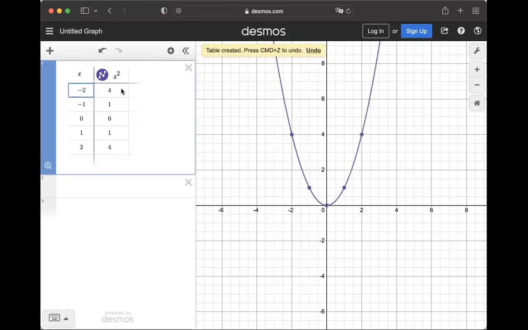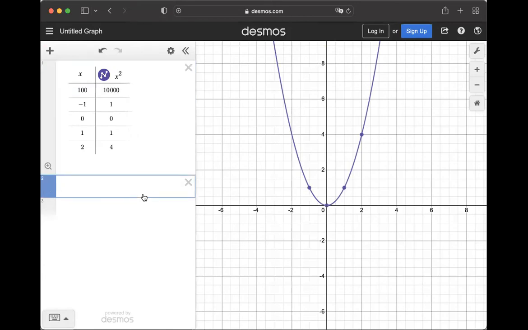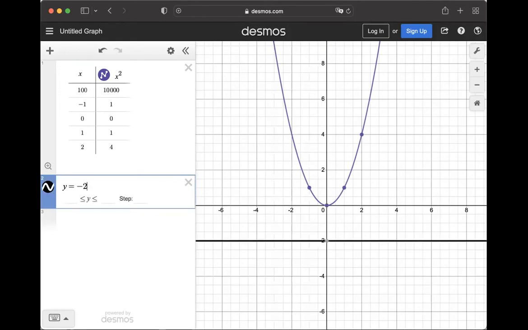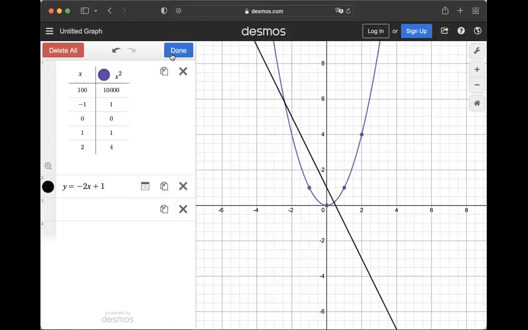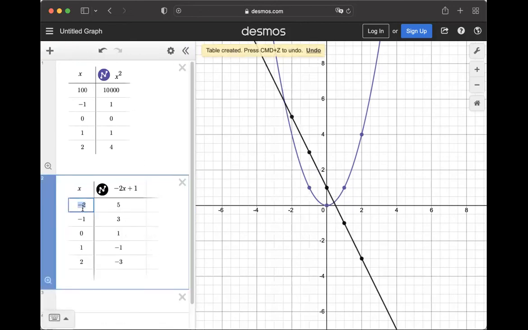So if you're like, what is y when x is 100? Y is 10,000. Good. If I had the graph y equals -2x plus 1. Good. What is the table for that? If x is 20, y is -39. So the table gives you numbers if they're going to ask you when x is 0, what is y? Good. So there's a table option.